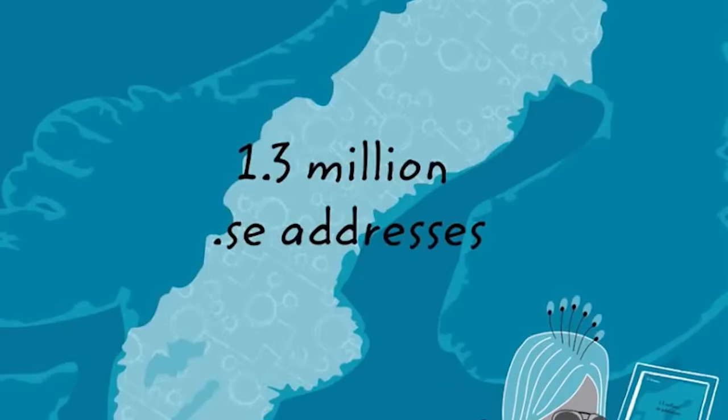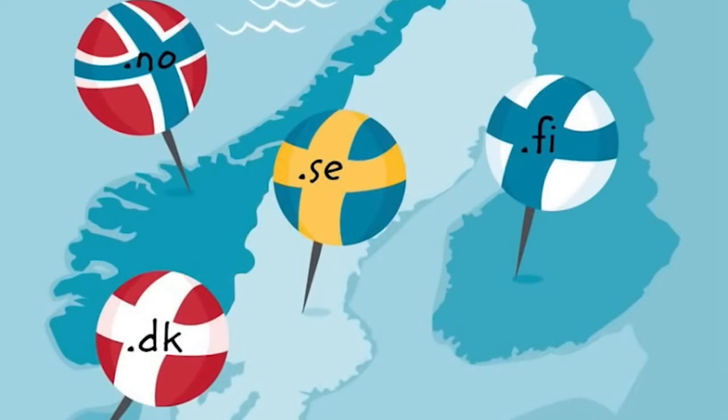There are also other addresses that end with 2 letters that show which country a site has as its home. To take some examples, Danish websites often have .dk at the end, while many sites in Finland end with .fi, and in Norway they use .no. All the countries in the world have a similar letter code.